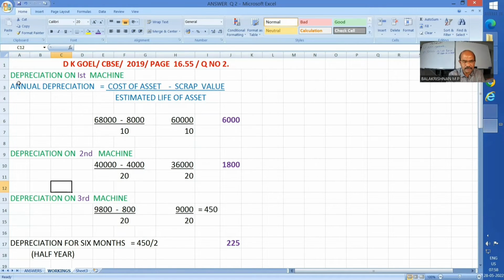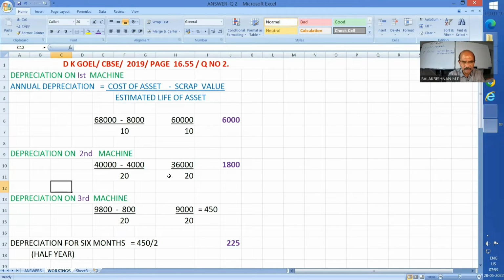The fundamental formula in respect of the straight line method: annual depreciation is equal to cost of asset minus scrap value, upon estimated life of asset. In respect of the first machine, 68,000 is the cost of asset and scrap value is given as 8,000. So 68,000 minus 8,000 is 60,000, divided by estimated life of asset 10 years, so 6,000 it is.